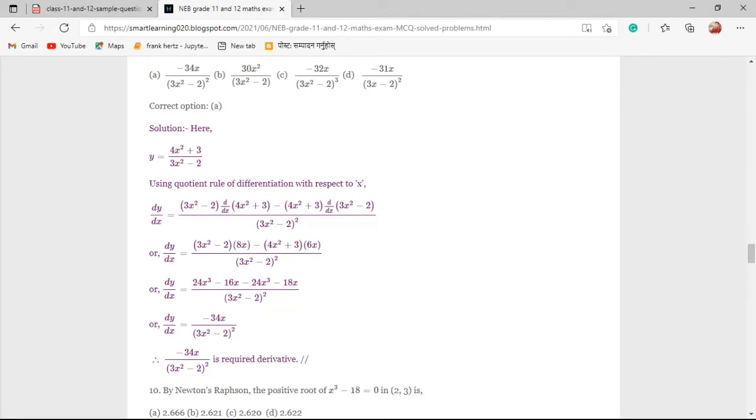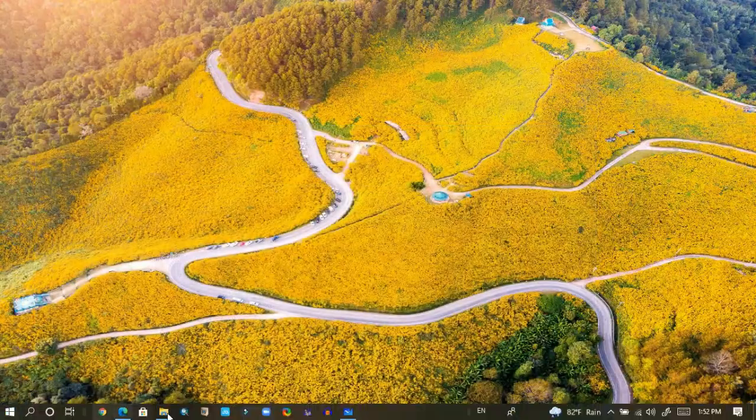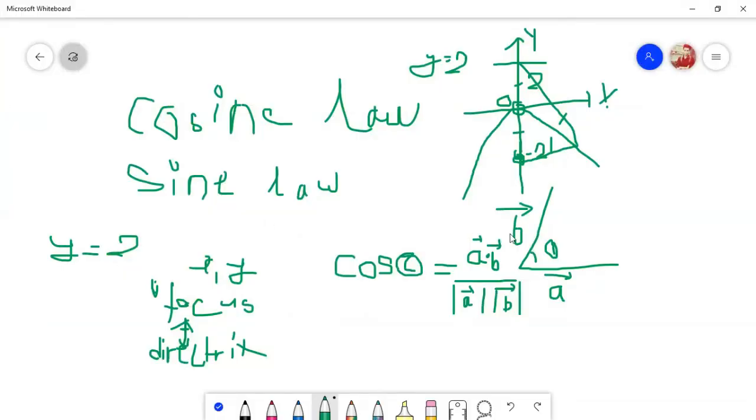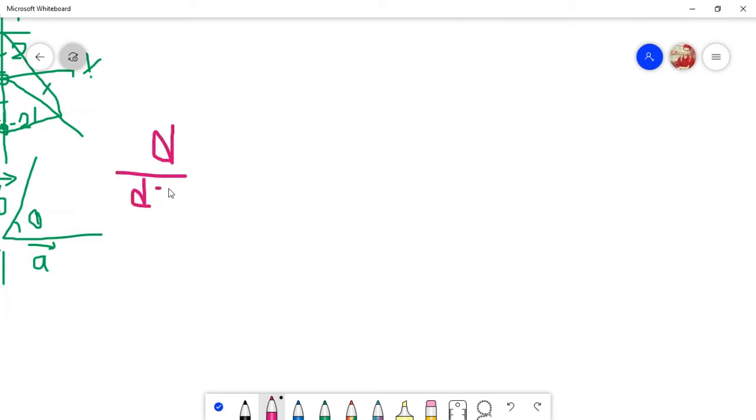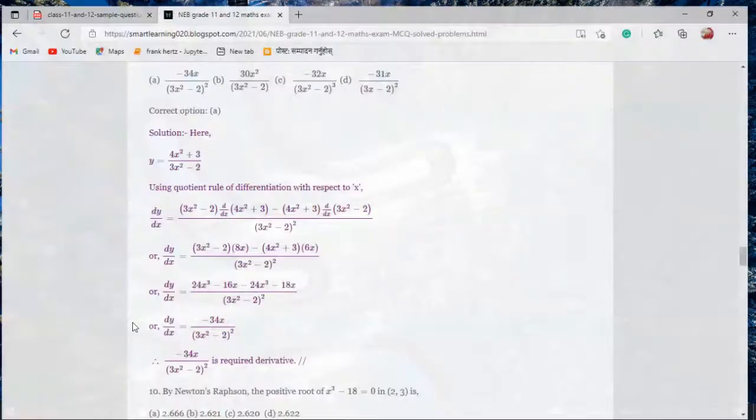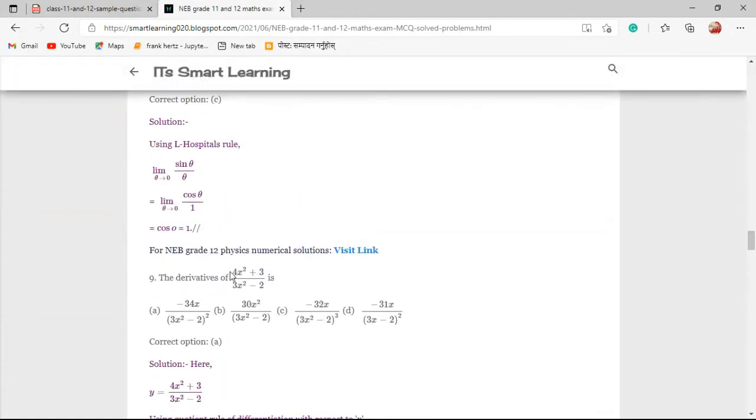Let me give you some hint first. According to the quotient rule, if you are given y is equal to u divided by v, you can see here the question is this one divided by this one.